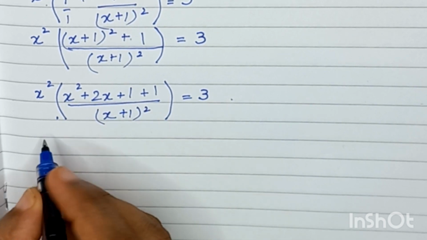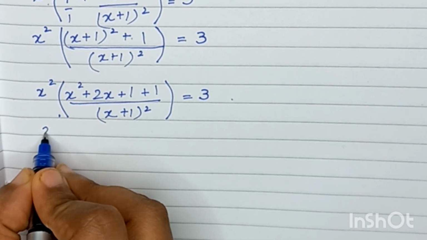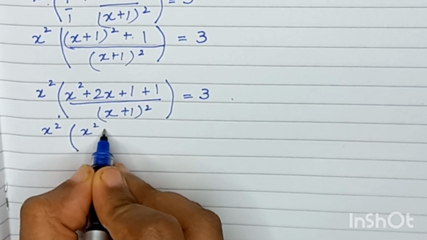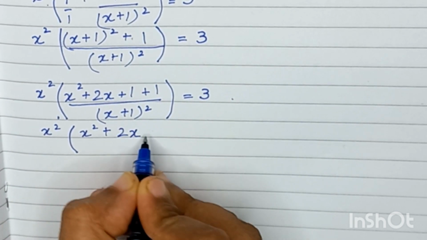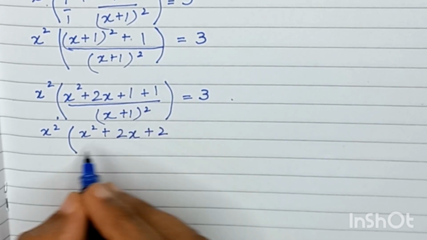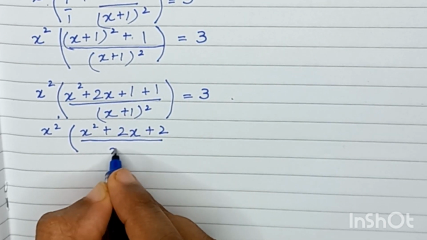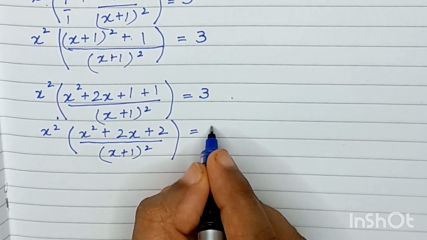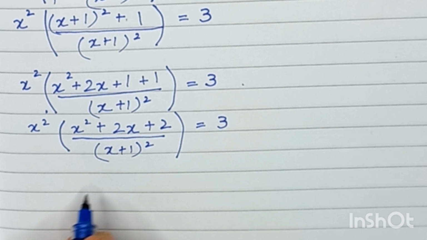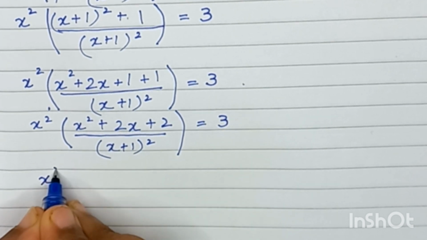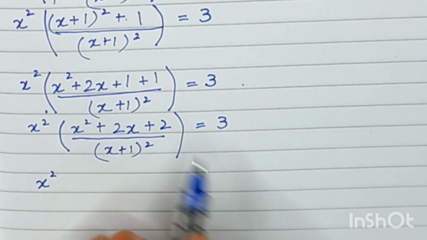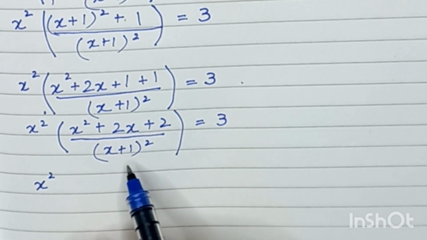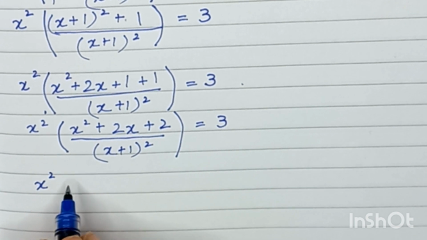Now we will add like terms. So it will be equal to x square into (x square plus 2x plus 2) divided by (x plus 1) whole square, which is equal to 3. Now we will divide x square with (x plus 1) whole square and 2x plus 2 divided by (x plus 1) whole square separately.